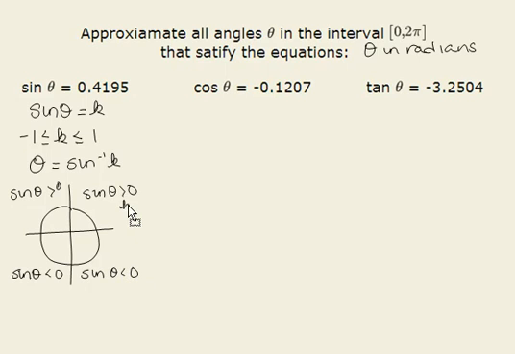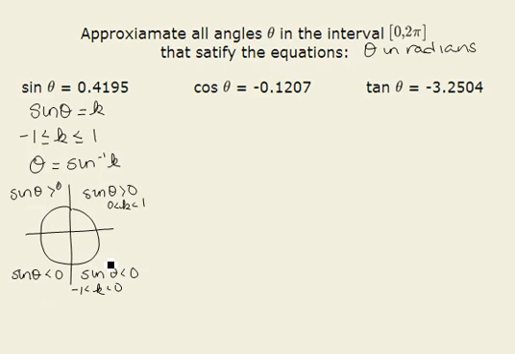Therefore, if k is positive but less than 1, our calculator is going to give us a quadrant 1 angle as our value for theta. If k is between -1 and 0, our calculator will give us a quadrant 4 angle for theta, or it will produce that negative angle rotated in the clockwise direction.